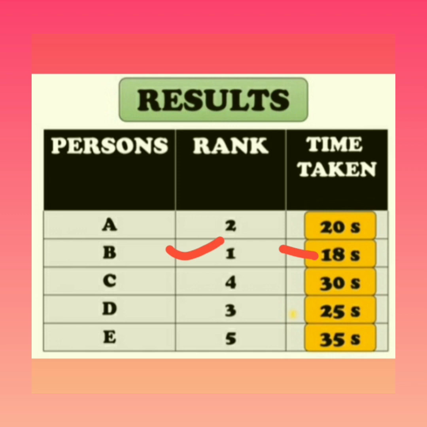The person who covers the distance in 20 seconds will stand in second rank. Then third, 25 seconds, third rank, then 30 seconds, fourth rank, and 35 seconds last. So here we have completed the topic motion, its types, slow and fast motion.